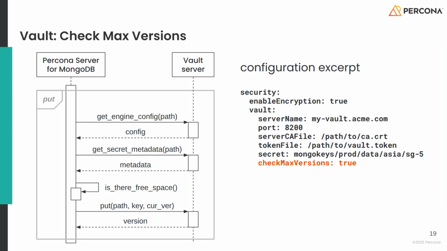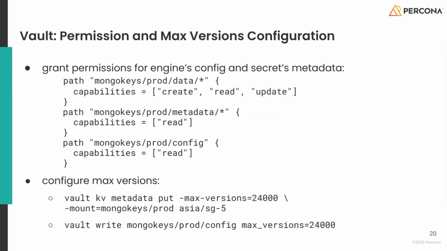And to give those permissions, we can throw in a very basic set of configuration on the Vault server. So we see 3 blocks in the example. The first block enables manipulating all the secrets on a particular secrets engine.